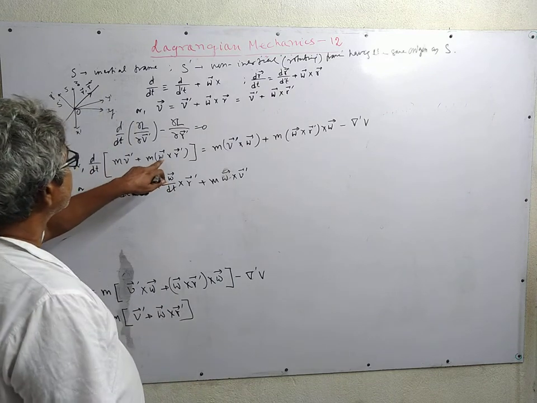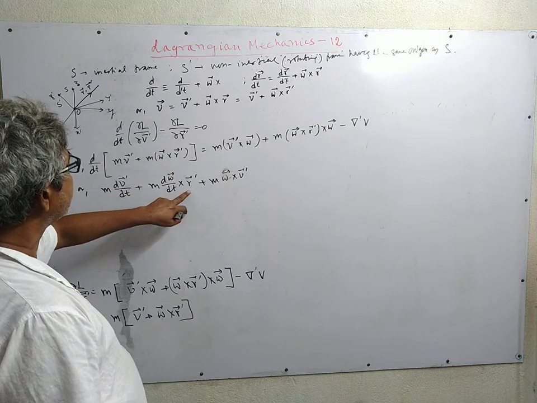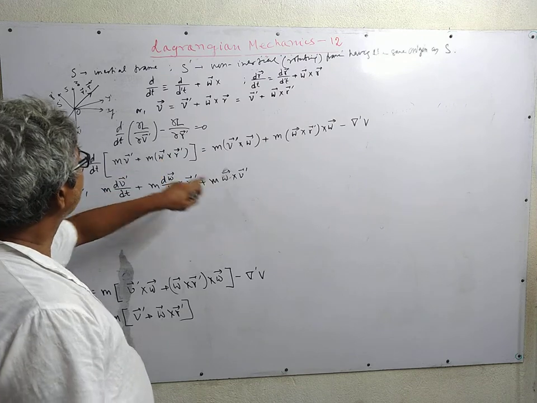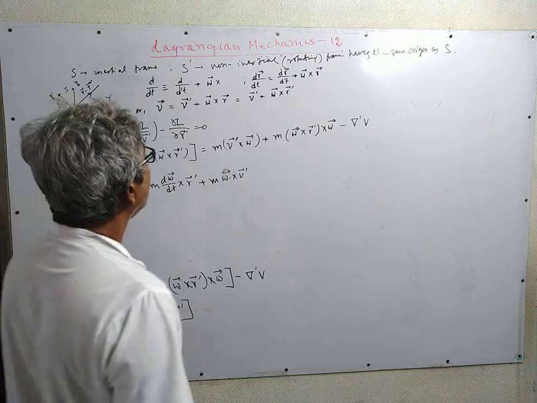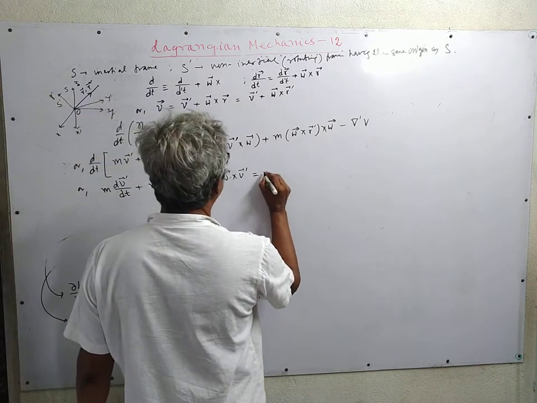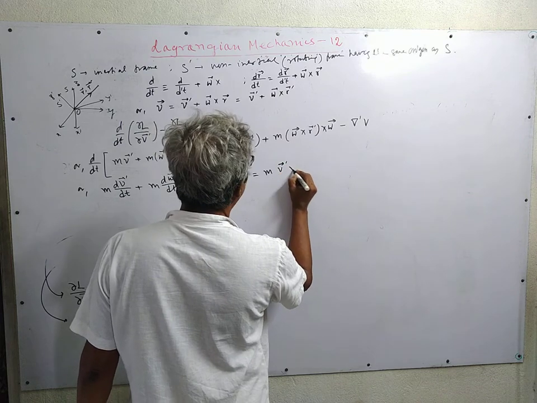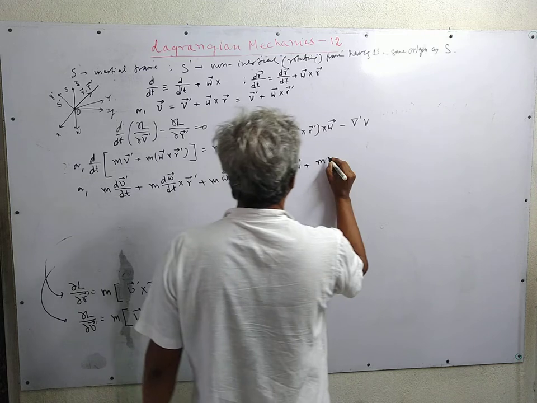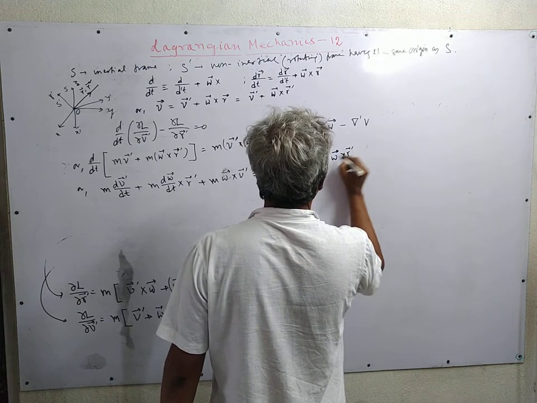There are two terms. First we have taken the derivative of this, keeping this fixed, so this is this term, and in the second case we have kept the first vector fixed and taken the derivative of the second. And on the other hand side we have m v' cross ω plus m ω cross r' cross ω minus the gradient term.